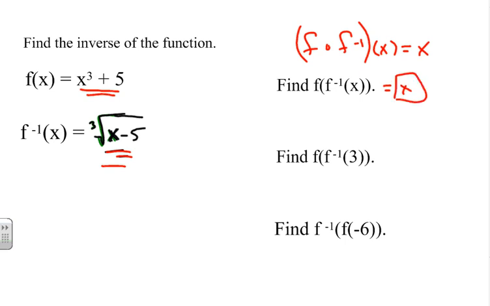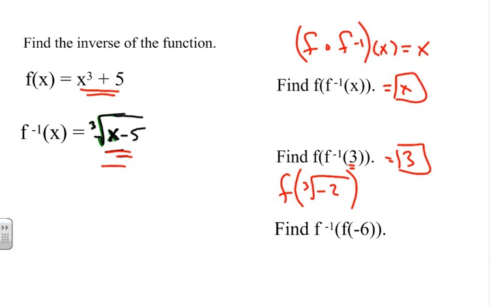Where students sometimes get confused is that instead of having x, we actually plug in a number. So if I had the inverse of 3, and some of you might know the answer already, this should equal 3. It should equal the input. Just to verify this, let's go through the process. I plug 3 into the inverse. What I should have is the cube root of negative 2, and that goes into f.